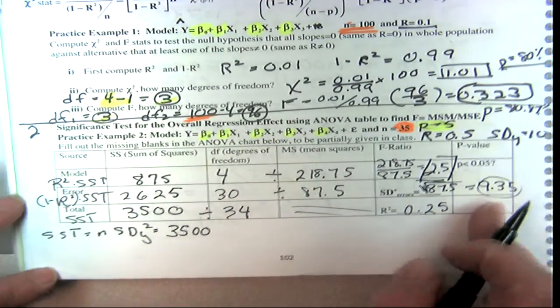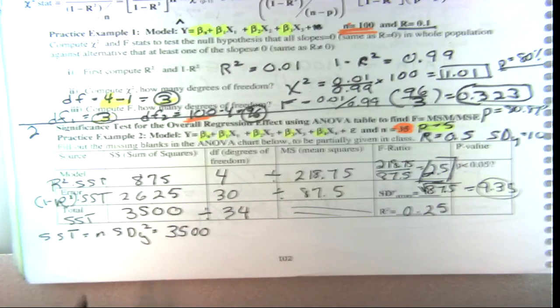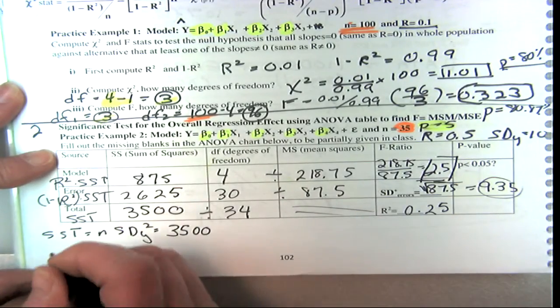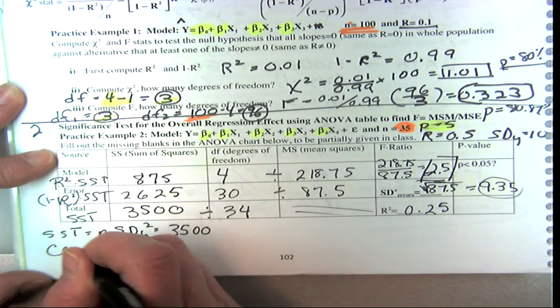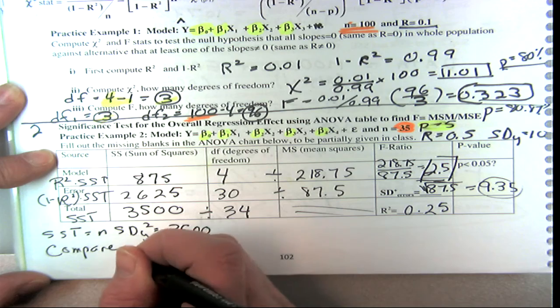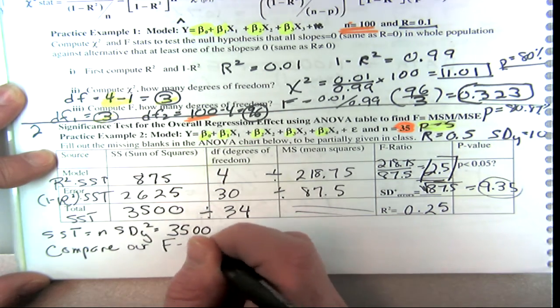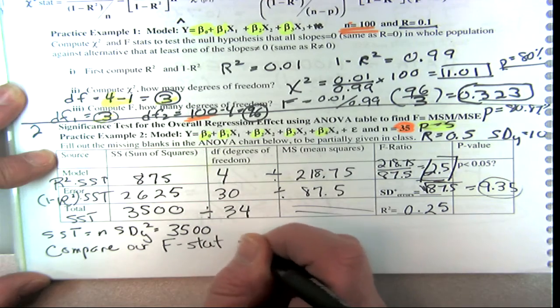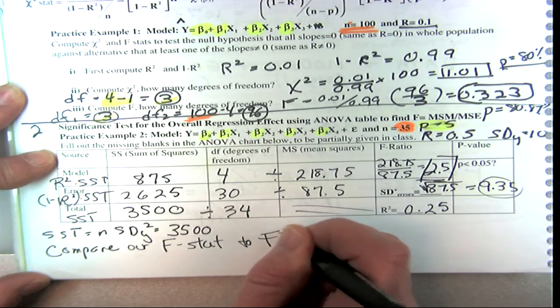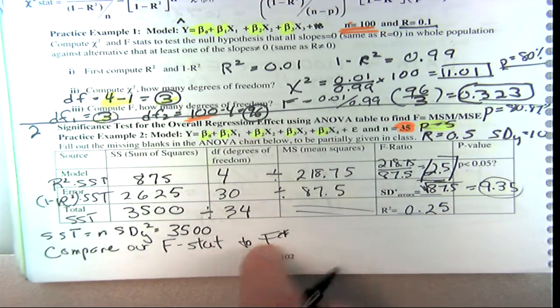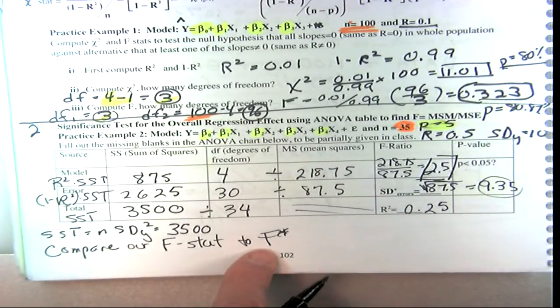Okay, so we got this F, so we want to compare our F statistic, what we actually computed, to what? To a critical value of F when the null is true, to the critical value at some significance level.